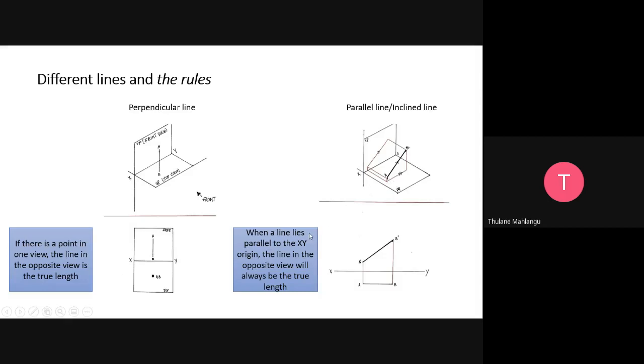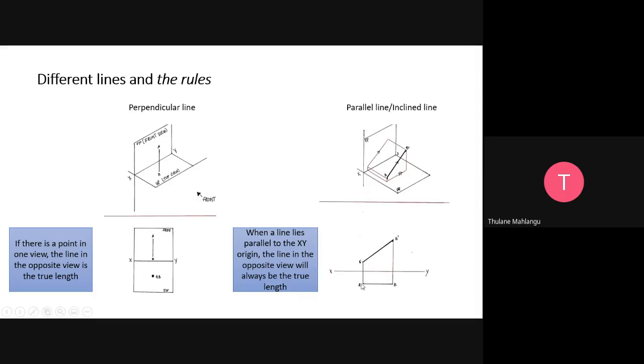So the rule about this says when a line lies parallel to the XY origin, the line in the opposite view will always be the true length. So looking at the orthographic drawing there, in the top view, AB is parallel to the XY. But in the front view, it's not parallel to the XY.